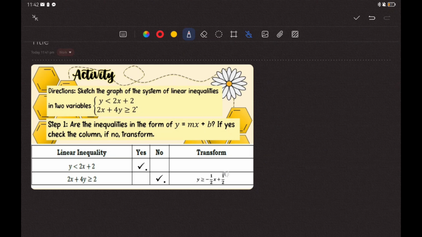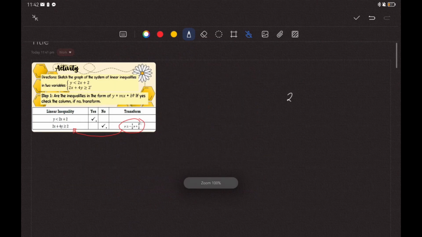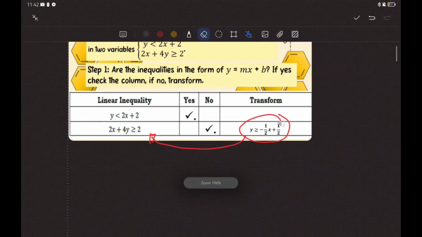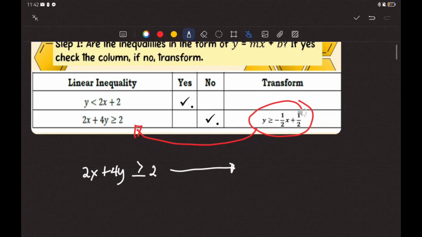As promised, I am going to discuss why it became like this. So let's begin. From 2x plus 4y is greater than or equal to 2, we are going to transform this into slope-intercept.